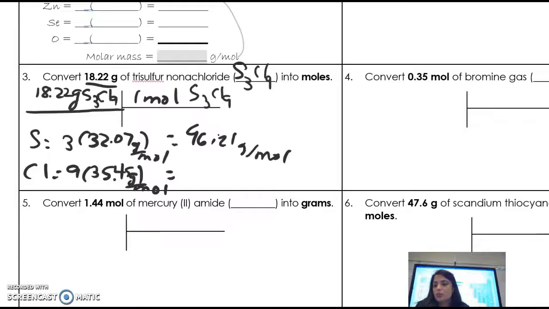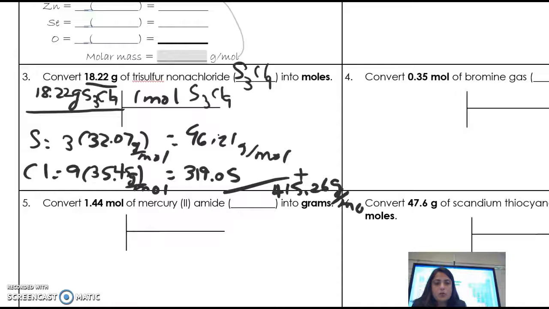And then you're going to do 9 times 35.45, and you get 319.05. And then you add them up, and of course, it's grams per mole. 319.05 plus 96.21, you get 415.26 grams per mole.